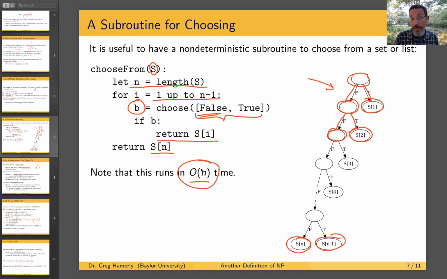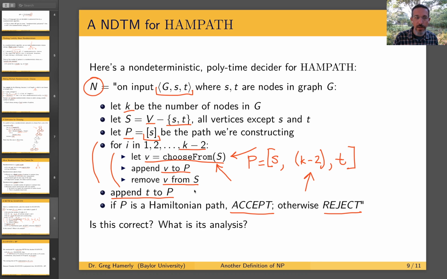Well, here we have order k things, so this is going to be order k. So we have an order k loop, and we have an order k decision process in here. So this is going to be on the order of k squared at least.